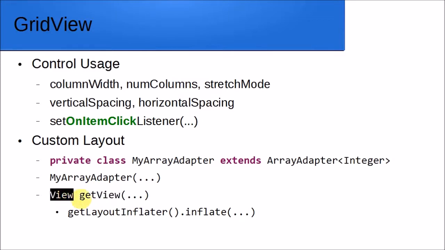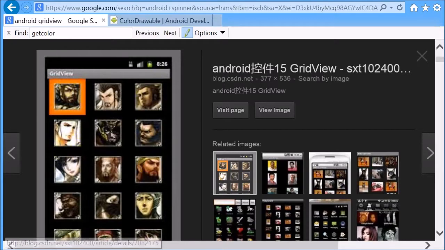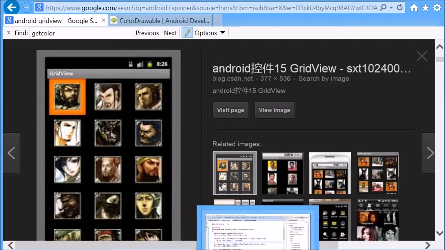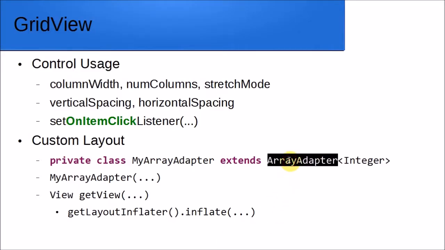You create the view, and when you create this view, you load this picture. Because if you let the array adapter create the view, all they know is to stuff the string into a certain resource, the text view. It doesn't know how to do anything else. So that's the scheme.